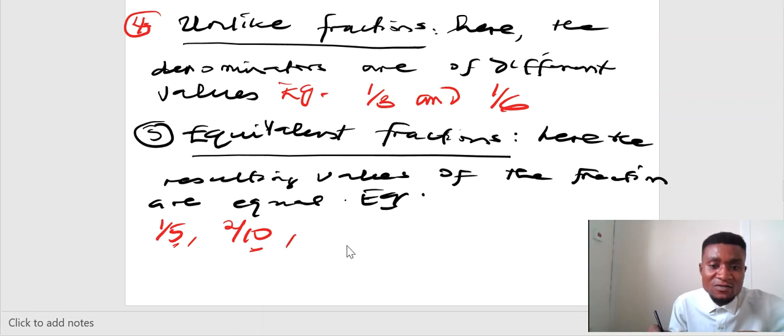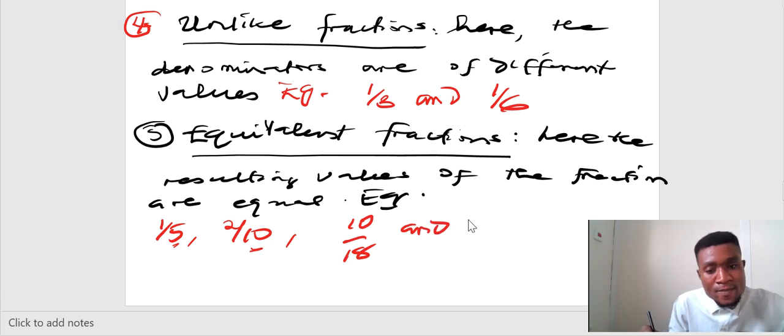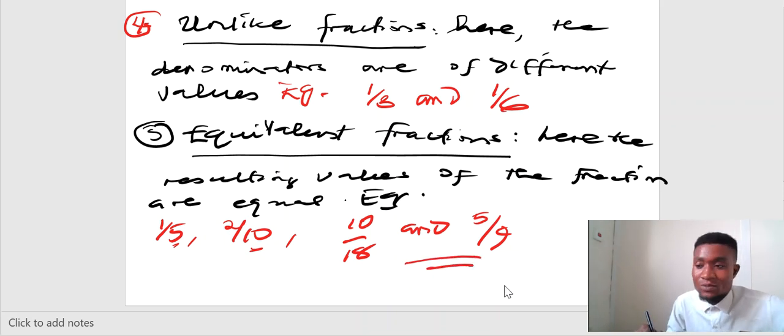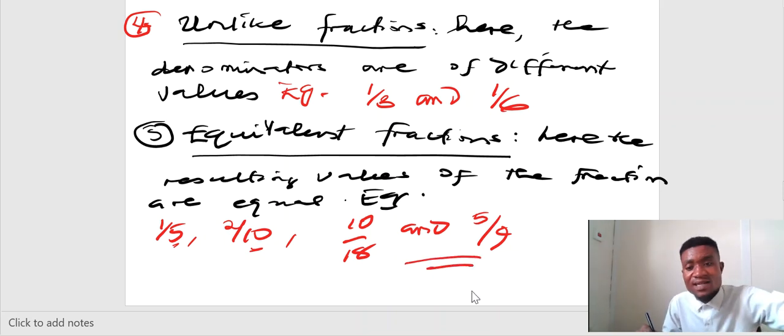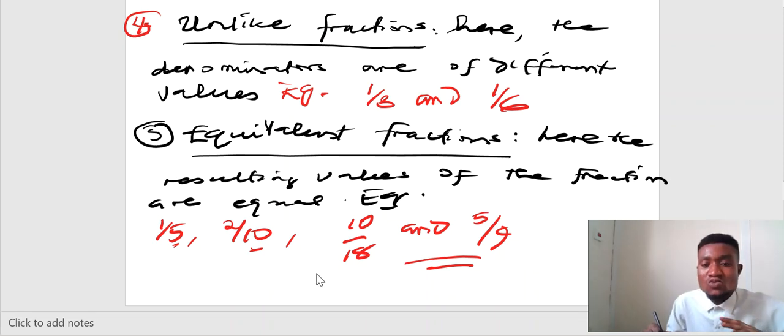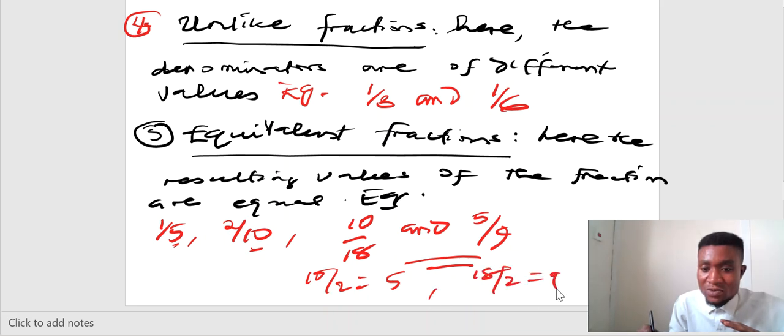So we can also have another example from here. We can also have something like 10 over 18 and, let's say, 5 over 9. In this same example, if you divide 10 by 2, you are supposed to have 5, and if you divide 18 by 2, you are supposed to have 9.